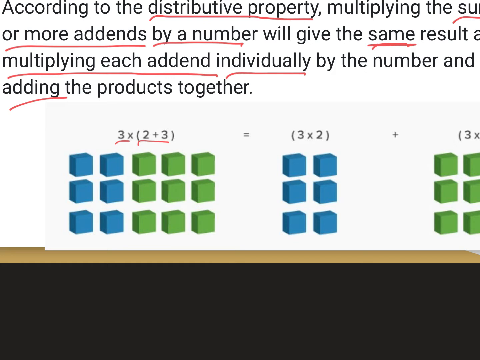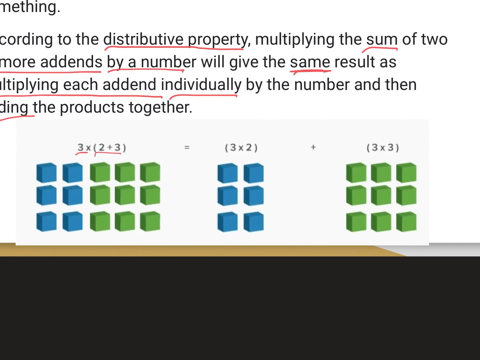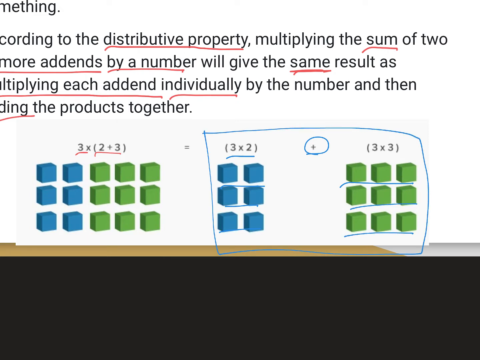It is equal to 3 times 2, which you see here, plus 3 times 3. So you see, this has the same value as this.